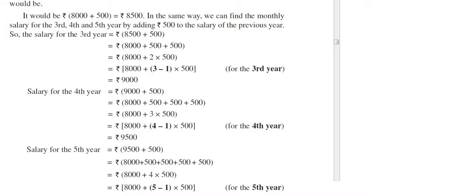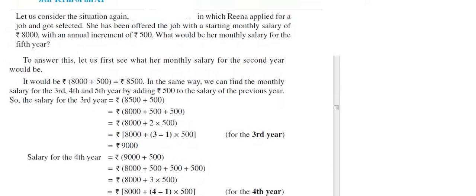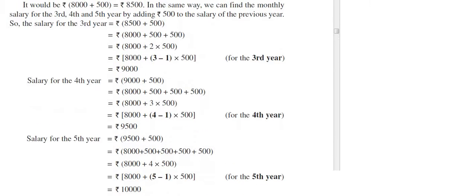Since they only asked for 5 years, we can find it like this. But suppose they ask us to find our monthly salary after 20 years. How can we do this? In the same manner? Yes, but it is very lengthy.